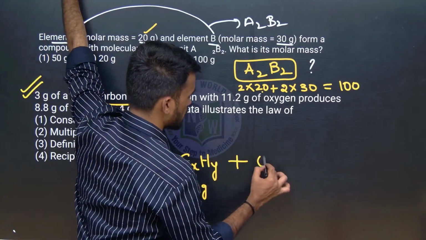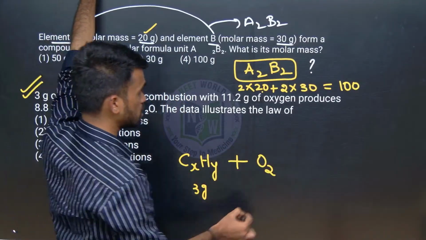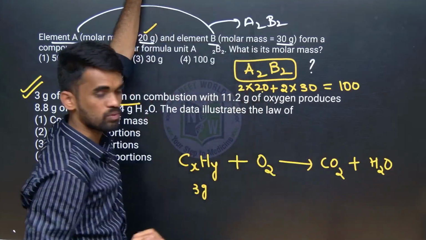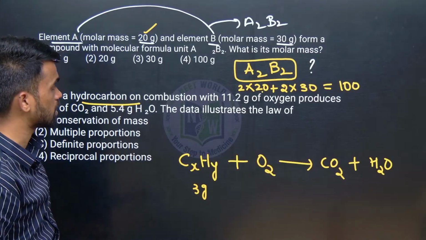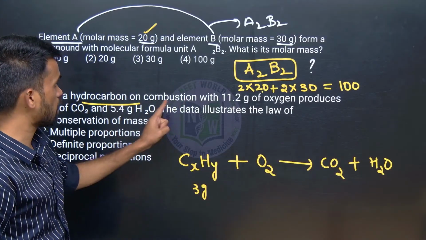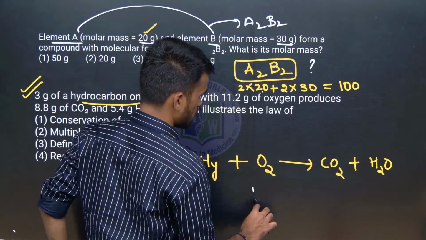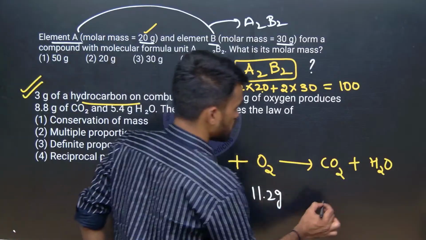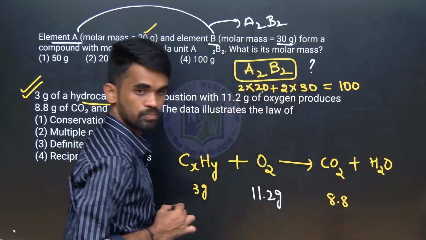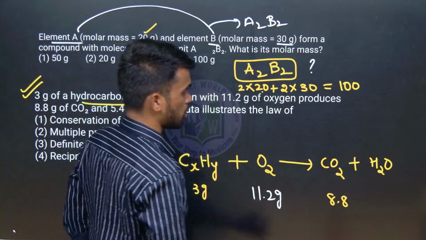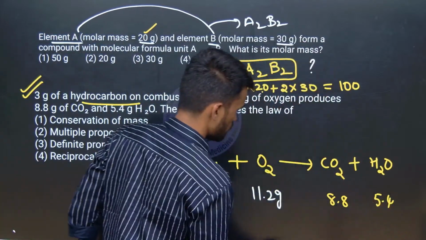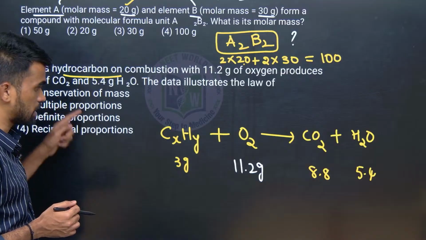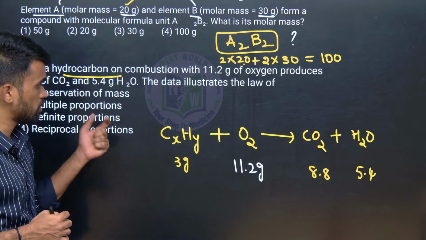Upon combustion, with oxygen, it will give CO2 plus H2O, right? No need to balance this equation here, just understand what they are asking. This hydrocarbon combustion with 11.2 grams of oxygen produces 8.8 grams of CO2 and 5.4 grams of H2O. This data illustrates the law of what? Which option is correct here?